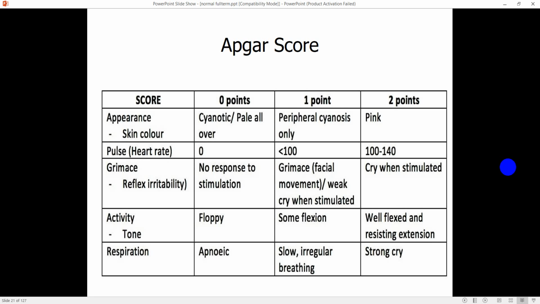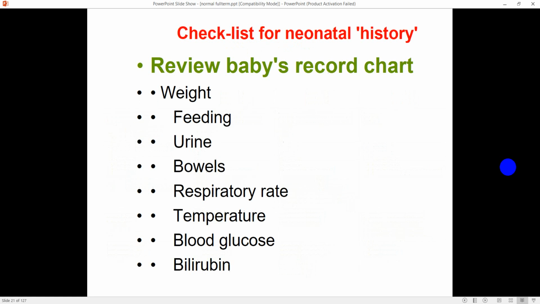It consists of many items like appearance, pulse, grimace, activity, and respiration, and we give a degree to each response of the neonate, and from the sum of these grades we can assess the condition of the baby.